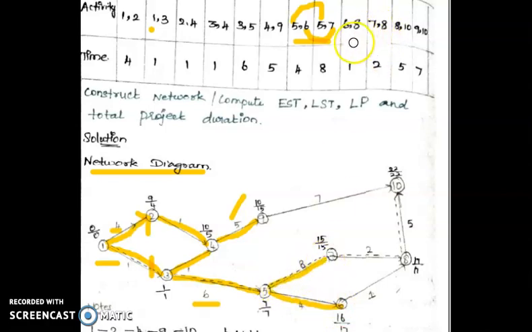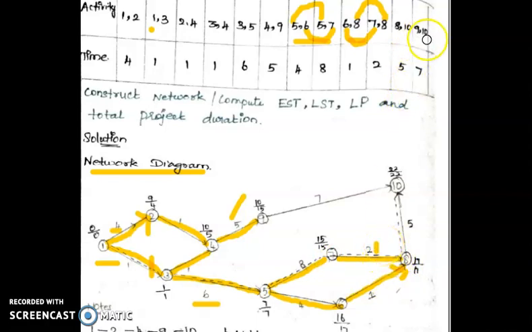After that we should draw 6 to 8. Here we have the same destination node 8 with 2 different starting points, 6 to 8 and 7 to 8. We draw 6 to 8 with timing value 1, and 7 to 8 with timing value 2.